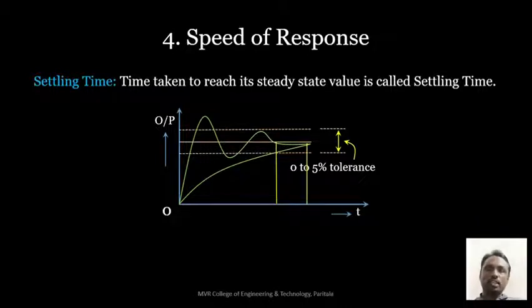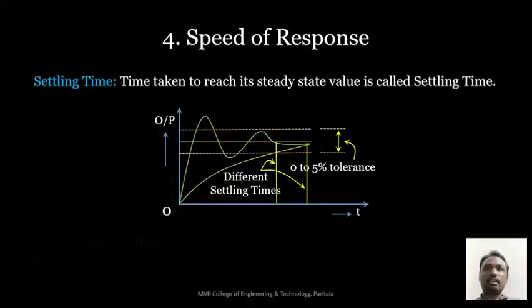But the second one was very good in the starting state. It rose exponentially to the steady state value, but it was taking a long time. So if you merge these two cases, I can have more speed of response from an instrument. So these are the two different types of settling times for different systems.